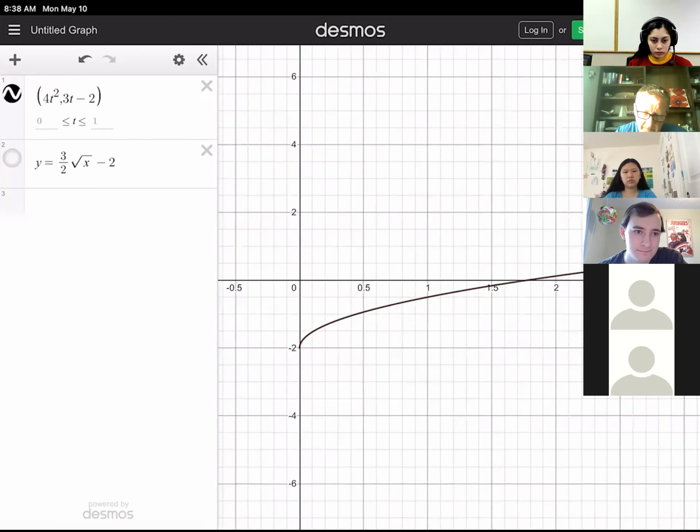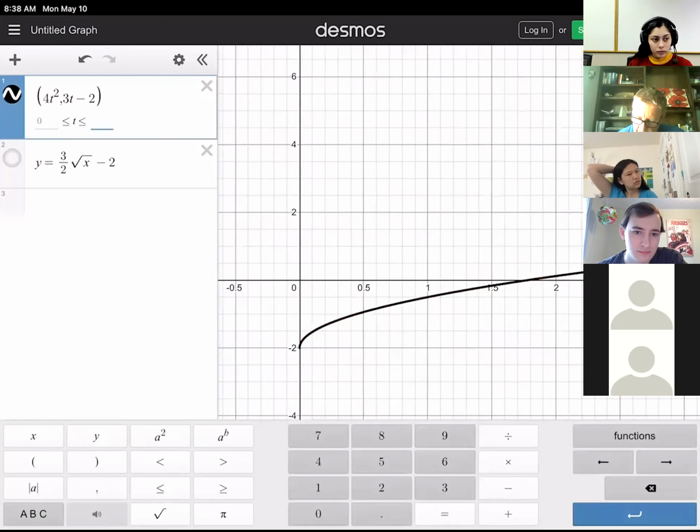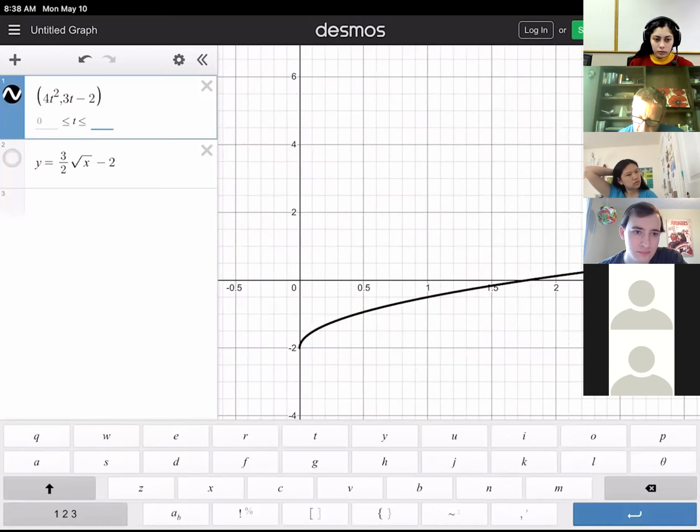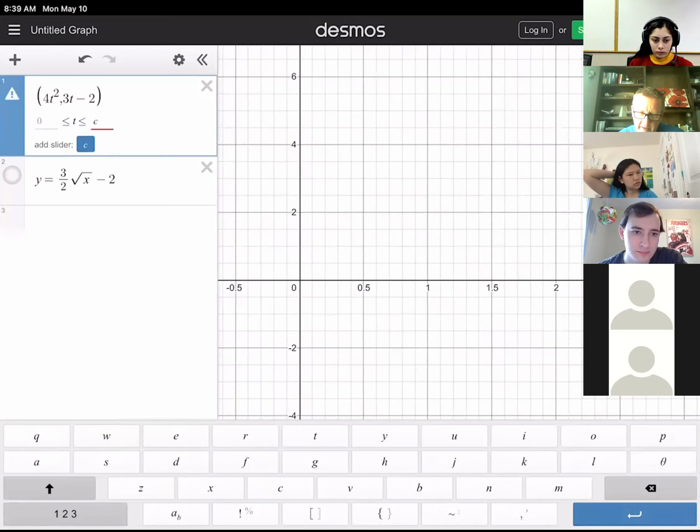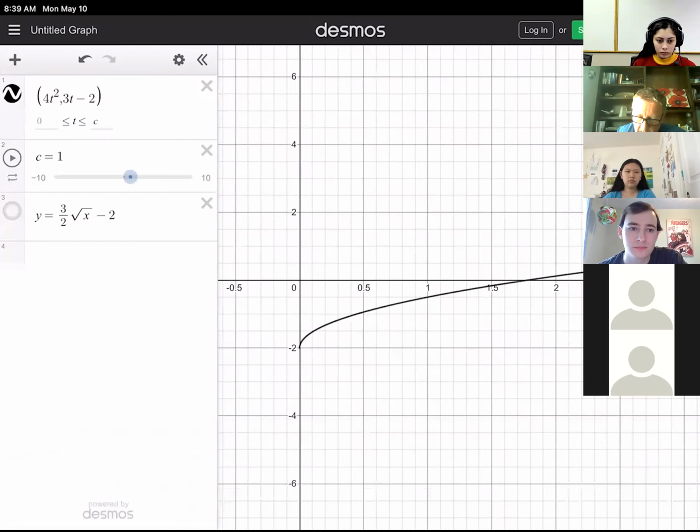Here's why. Watch this fun business. If I go up here and throw in a parameter, I say I want to let this thing go from not time 0 to 1, which was there by default. I didn't even look at that. It was like 0 to 1 second. What if I say, let's go from 0 to c?